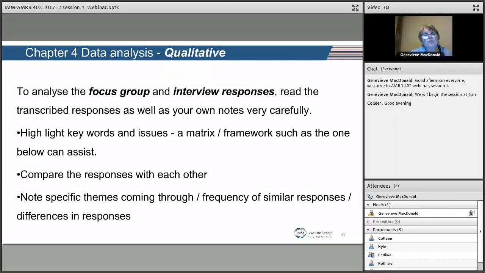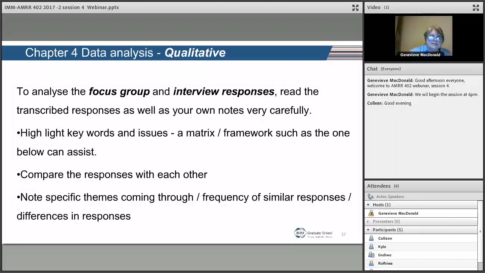When we get to qualitative data analysis, say for focus groups or for interview responses, read the transcribed responses very well, together with your own notes. Highlight key issues and words and put it into a framework such as the one that we will show on the next slide.